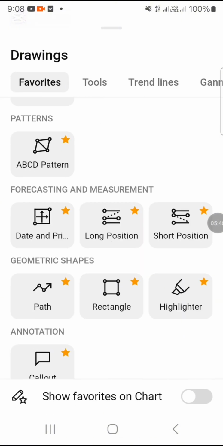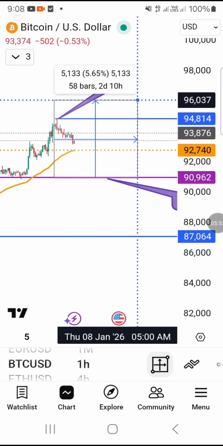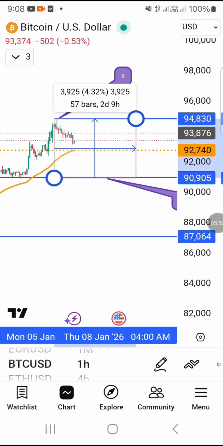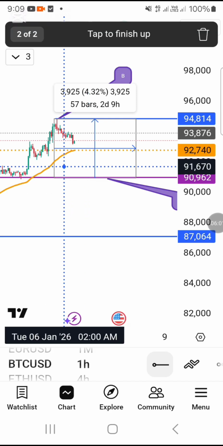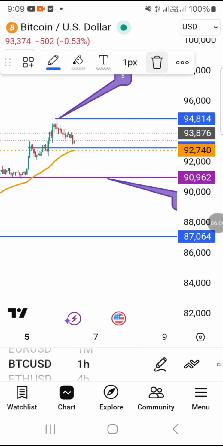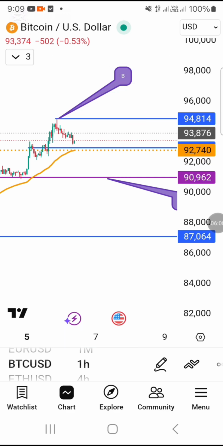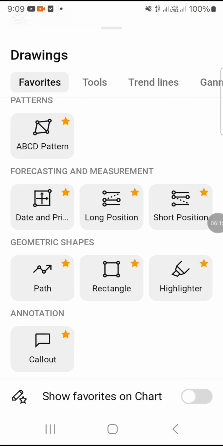You get that? So I will mark the difference between B and then C. Can you see? So marking B and C has told me what to do in this market, or the future of this market. It has explained to me what is going to happen to this market in future. Do you get? So I'm going to indicate this as my point D.